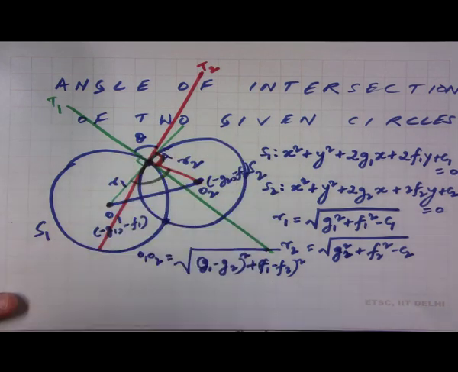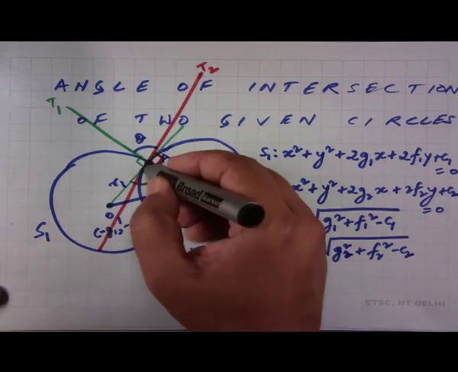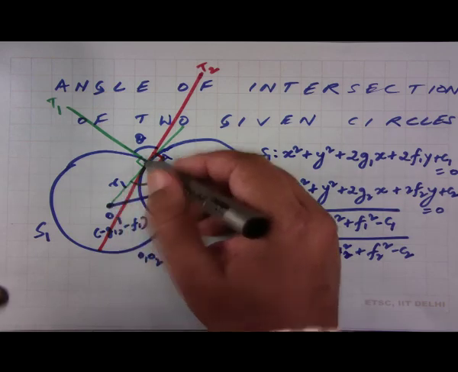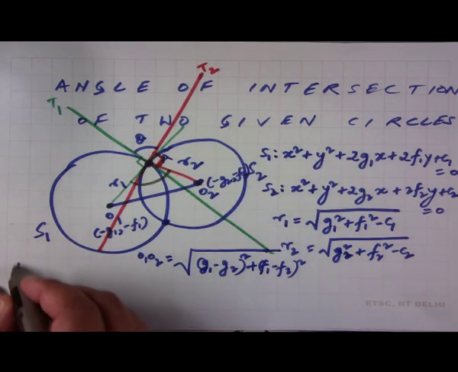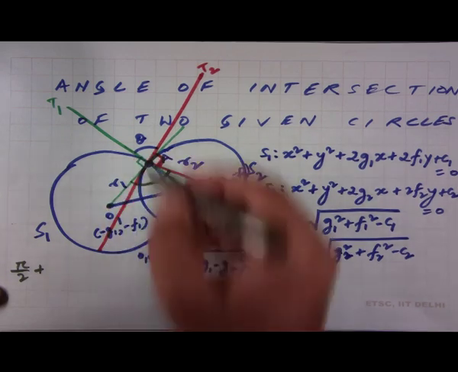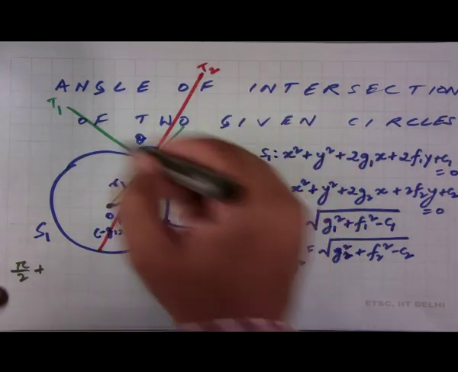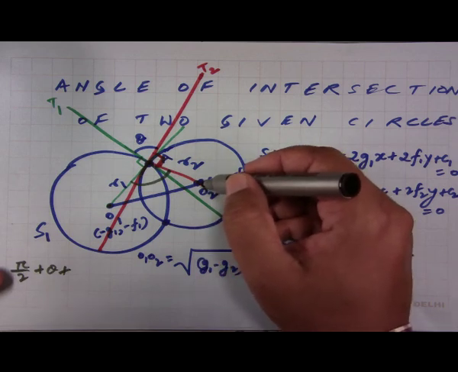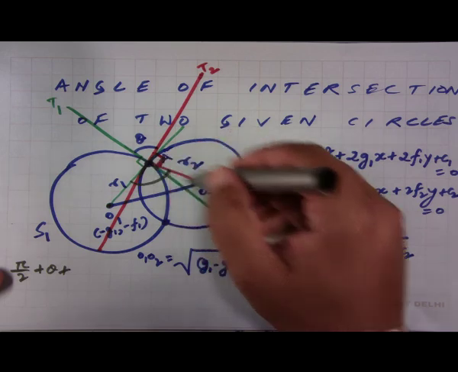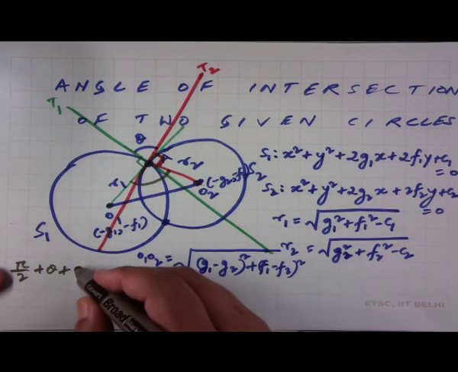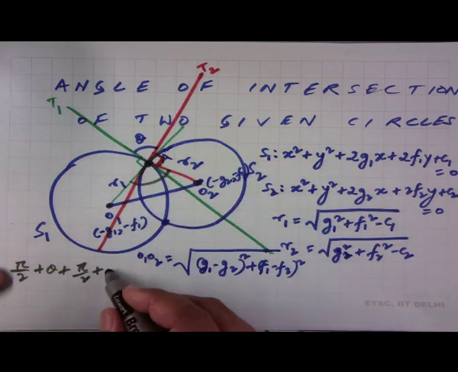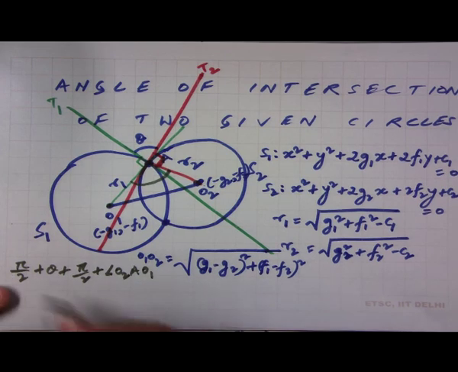Since the sum of all these angles should be 360 degrees, which is 2 pi, we have pi by 2, which is the angle between O1A and the tangent T1, plus the angle of intersection theta, plus again pi by 2 between the normal O2A and T2, plus angle O2AO1.